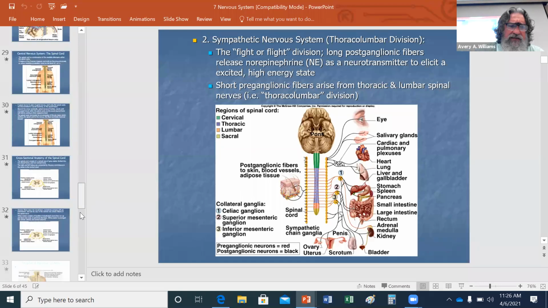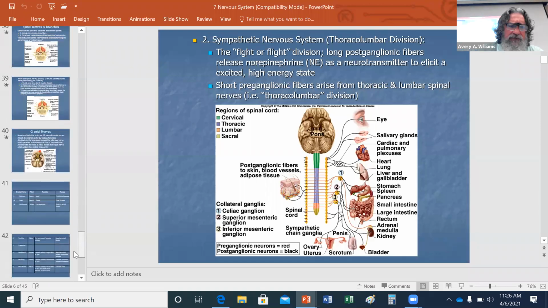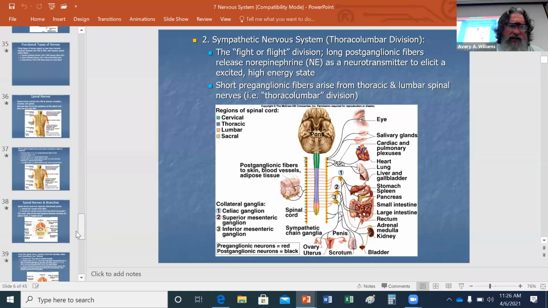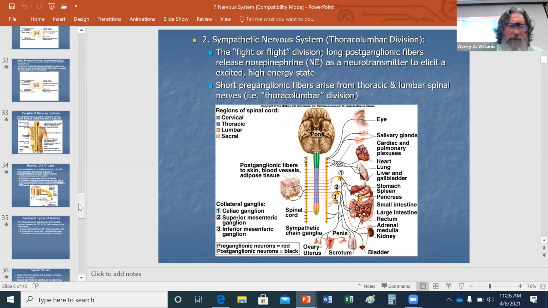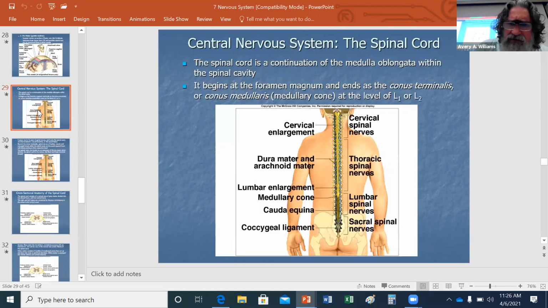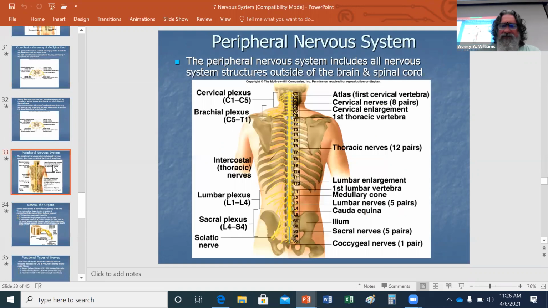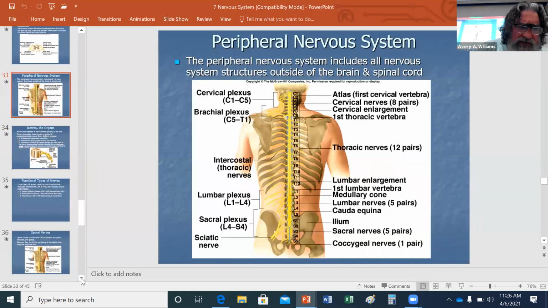Remember, they're kind of, what am I talking about? Let's see. Is it here? No. Here. I thought I had a slide that kind of summarized all of it.